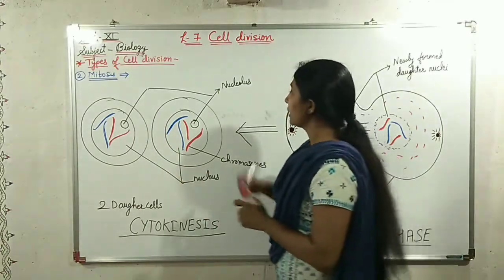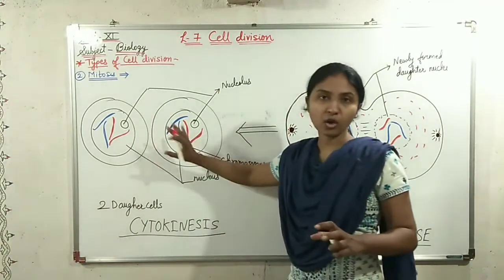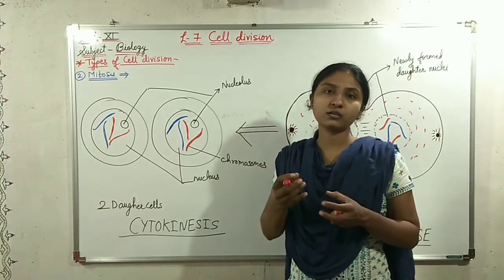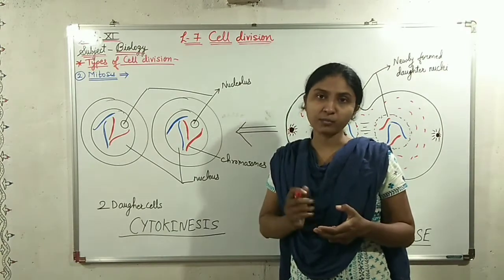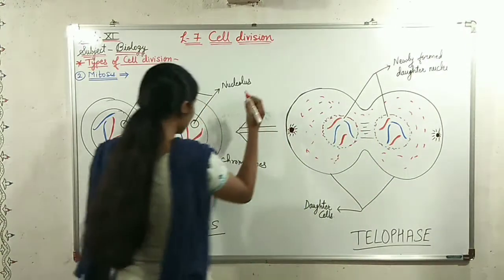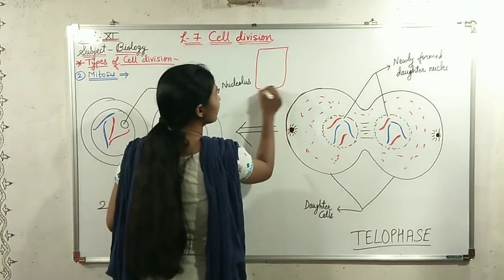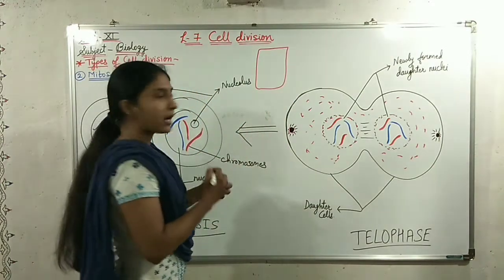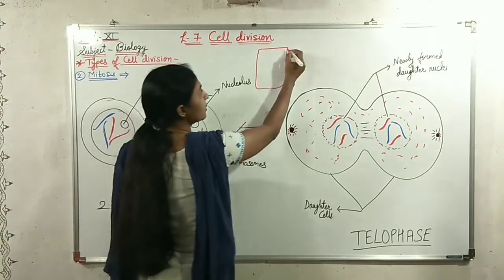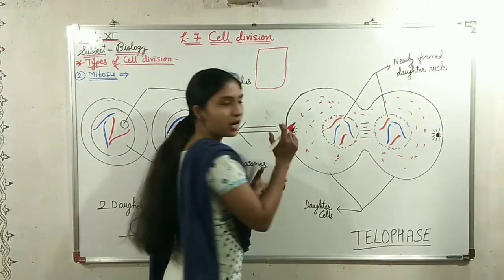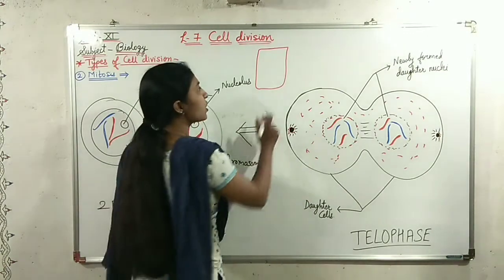Instead, the cell wall gets divided from the middle. For example, suppose this is the plant cell. If the division has to appear in the plant cell, the constriction which appeared in the animal cell does not happen like this.